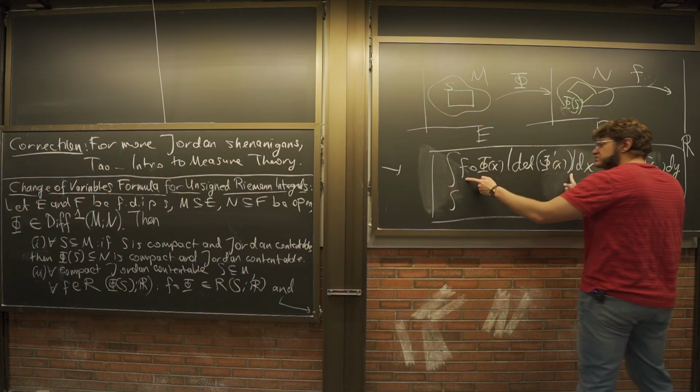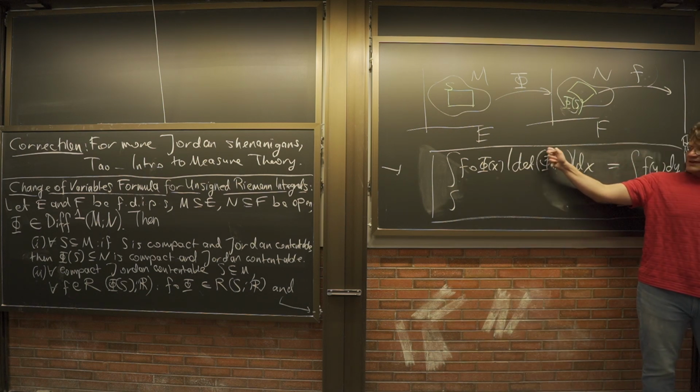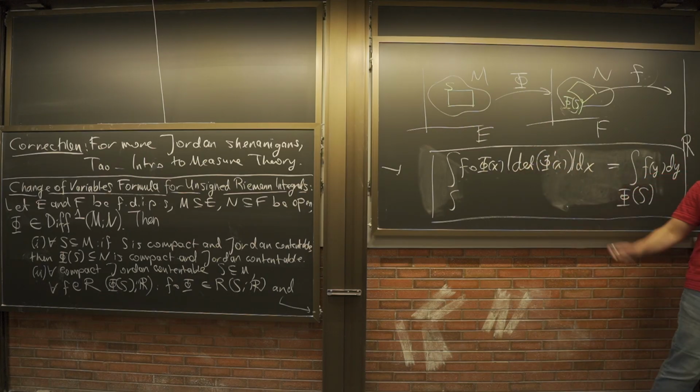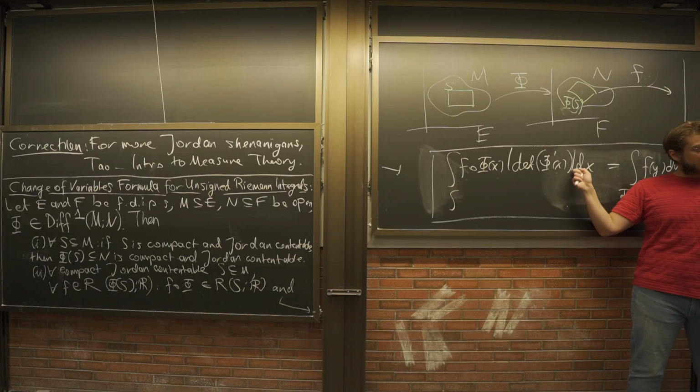It's a product function. But note that, first of all, phi is C1, meaning its derivative is C0. So this is a continuous function. The absolute value of the determinant is a continuous function. So this is a continuous function. In particular, it is Riemann integrable.